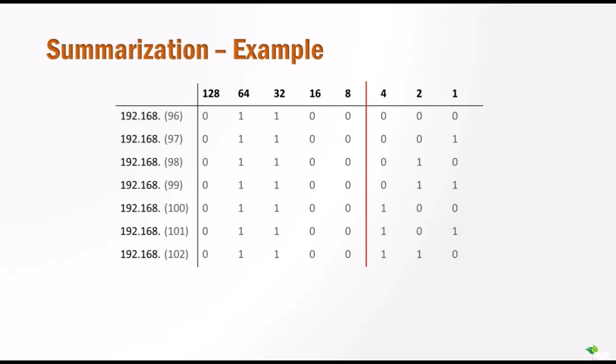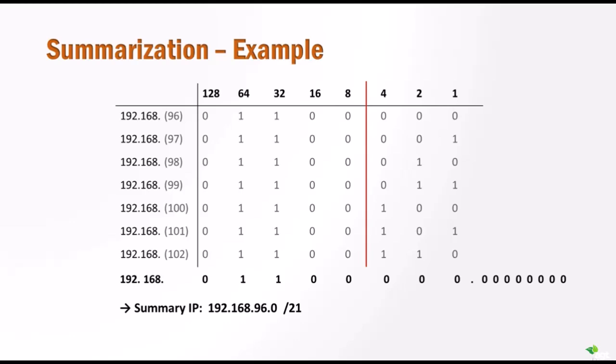We're going to copy all of the bits that match, so all of the bits from the first bit until the 21st bit, and this is going to be the 21st bit because we are in our third octet here. So this is bit number 21, this is 22, this is 23, and this is 24. So all of the bits left of the red line we're going to copy, and then all of the bits right of the red line are going to become 0. And that's actually it. We already have our summary IP.